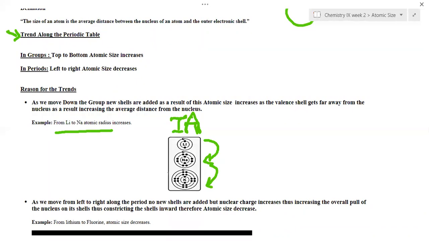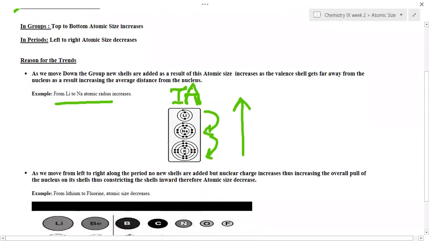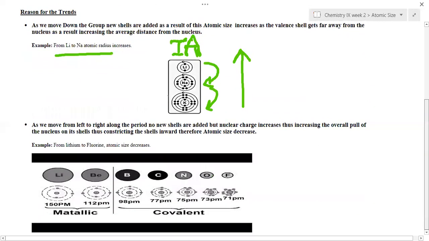If the shells are added, it means the atomic size is increasing as we move down the group. Whereas, let's talk about periods. We said that along the periods, the atomic size decreases. Let's see. The reason behind this is that the nuclear charge is increasing, but no new shells are being added.